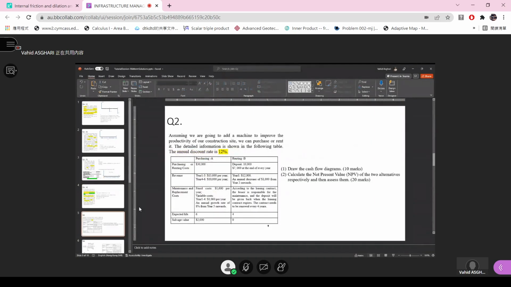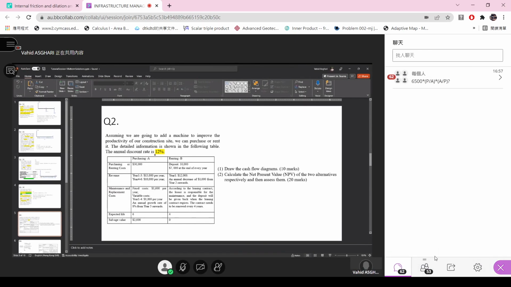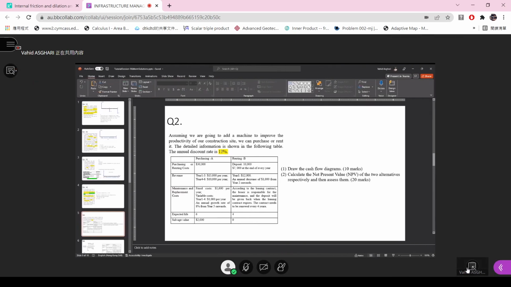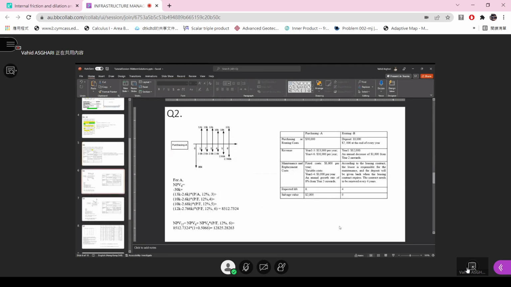So let's go to question 2. We have 2 options: purchasing and renting, and the discount rate is 12%. Draw the cash flow diagram. Calculate the net present value of the 2 alternatives respectively, and then assess them. For the first part, we need to pay about $30,000.